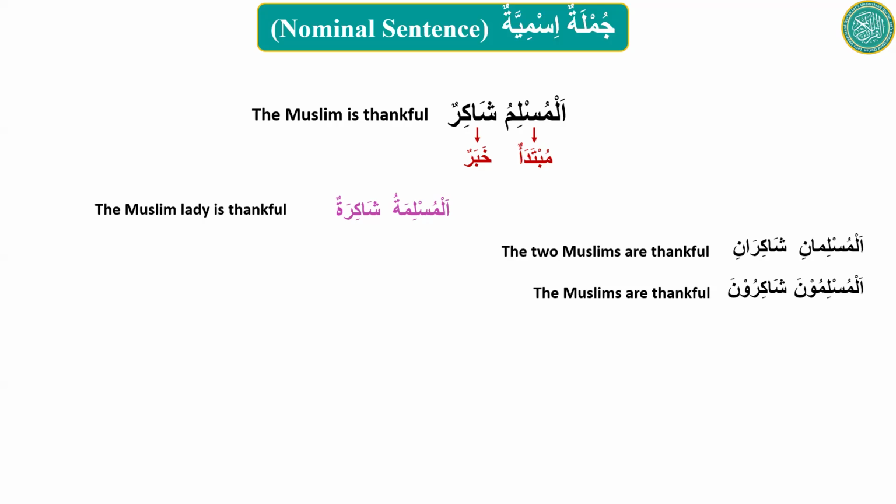So if it is Al-Muslimatu, then Shakiratun. Al-Muslimatu is Mubtada, Shakiratun is Khabar. Both are in Rafa status, both are marfu. Mubtada is proper, Khabar is common, and they match in terms of number and gender. Good. Thank you, Brother Miyamid.